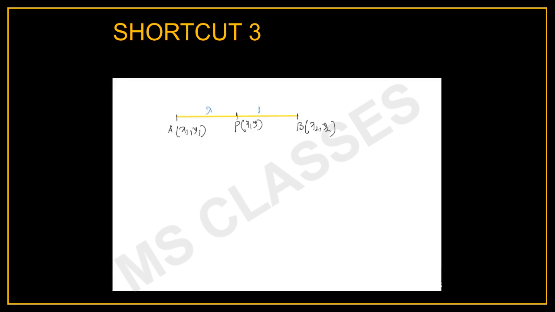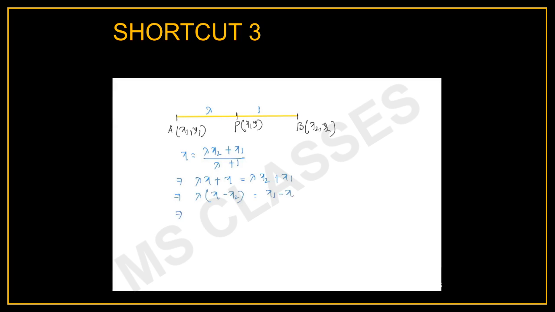Now, generally, by the application of the section formula, we can say that x equals (lambda x2 plus x1) by (lambda plus 1). Simplifying this, we get lambda x2 plus x1, and here we can find lambda, that is, lambda (x minus x2) equals x1 minus x.